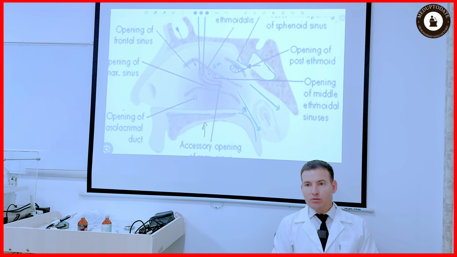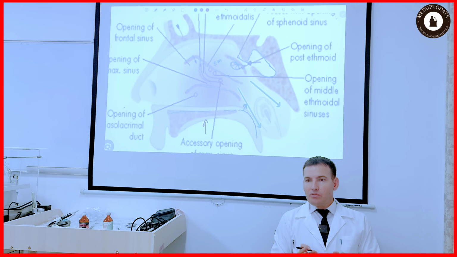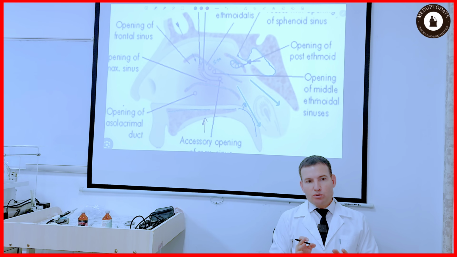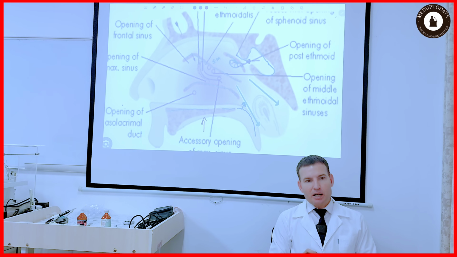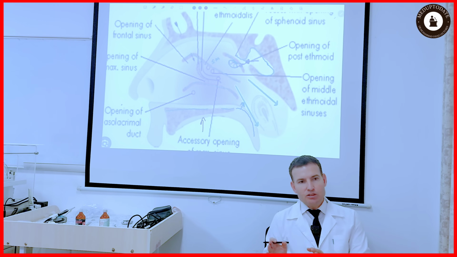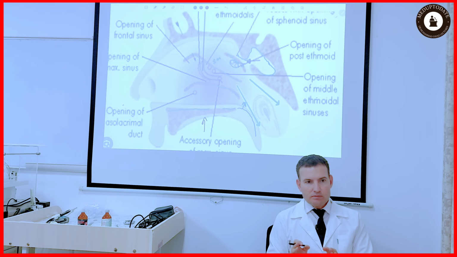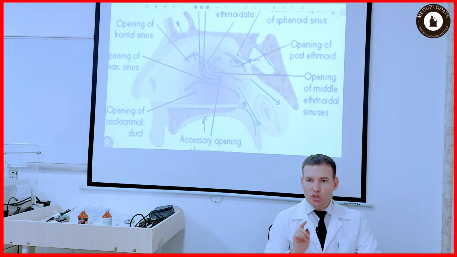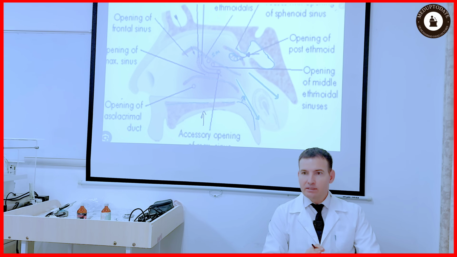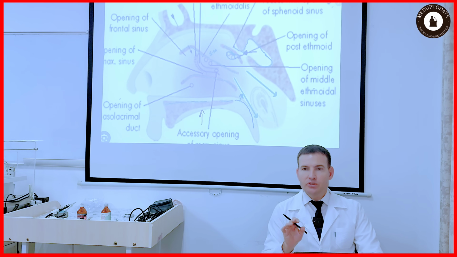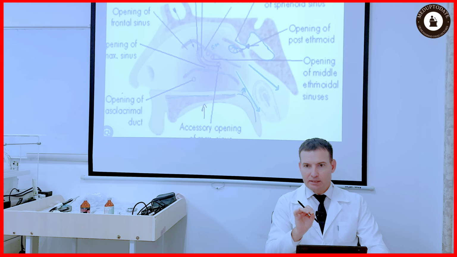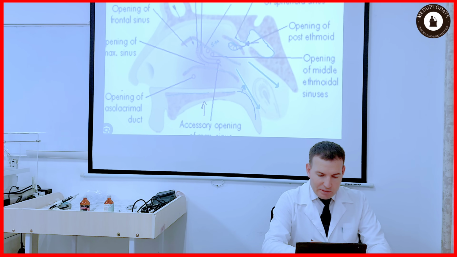Let's pay attention. We must be very, very careful to examine this part because they are very near to each other. Okay, but related to one structure, it is very easy to locate each specific opening. Okay, so we have here a depression.